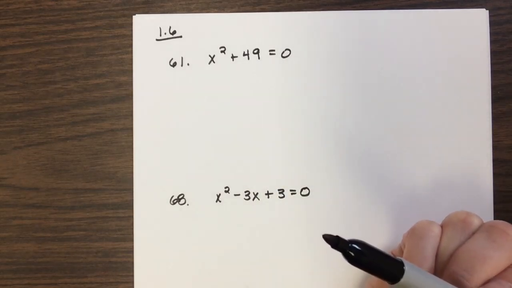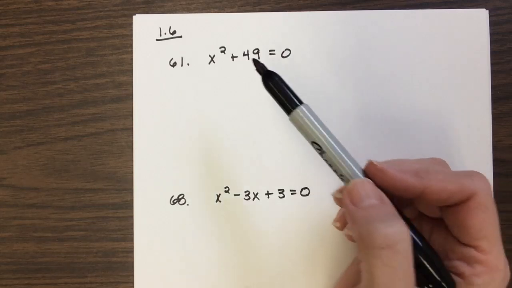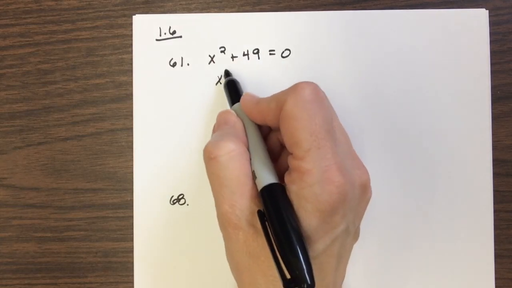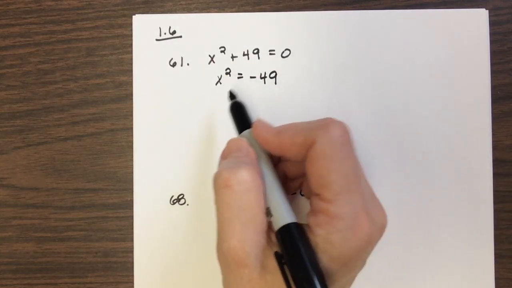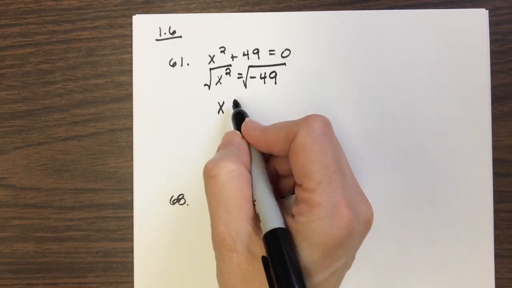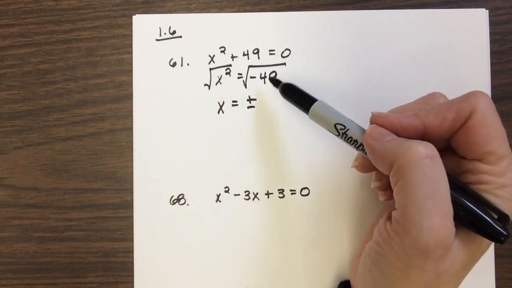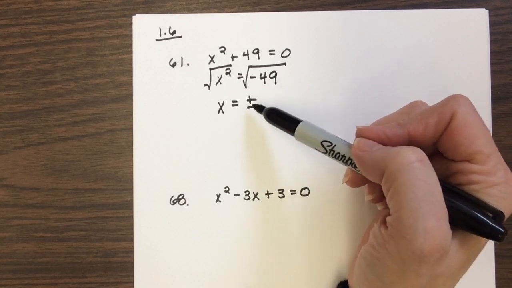Alright, so now I've introduced this whole other set of numbers called complex numbers. And I'm not going to solve it any differently, except when I subtract 49 and I take the square root of both sides. First of all, you need to remember that when you introduce the square root in an equation, you've got to do the principal square root and the negative.